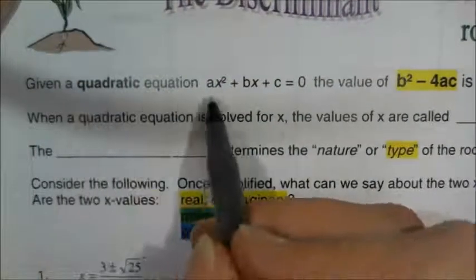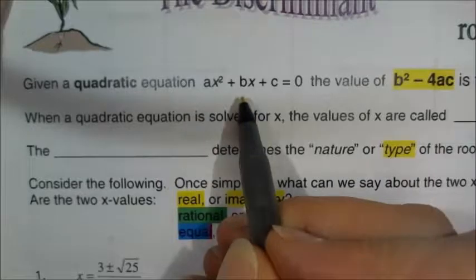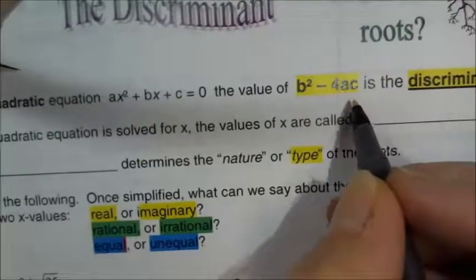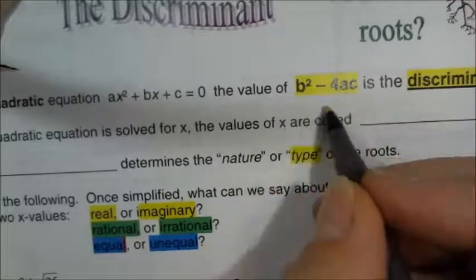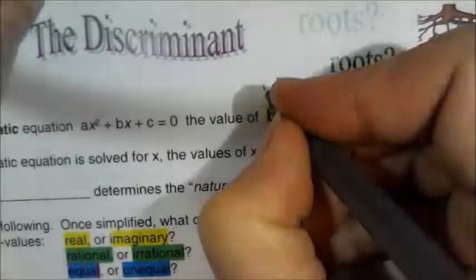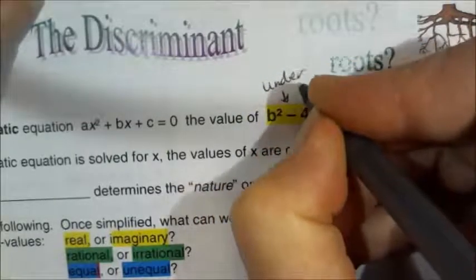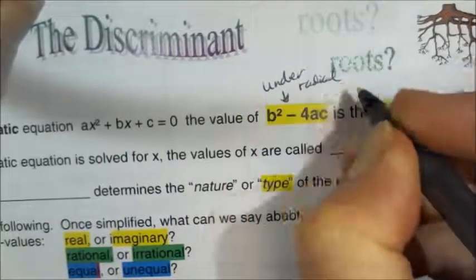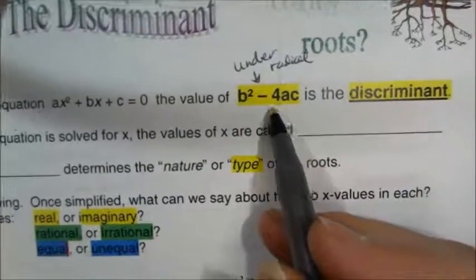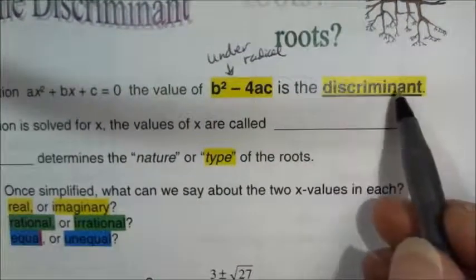Now, if you have a quadratic equation that's written in standard form, if you remember b squared minus 4ac, that part of the quadratic formula, that's the part underneath the radical. That b squared minus 4ac is called the discriminant.